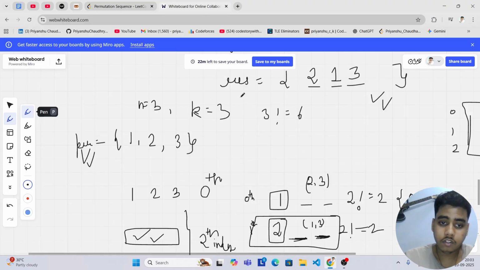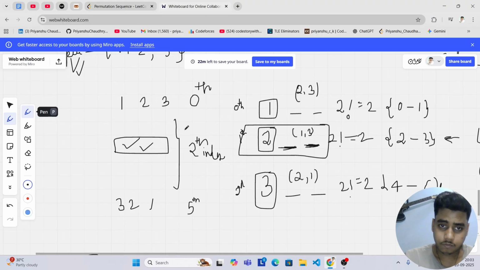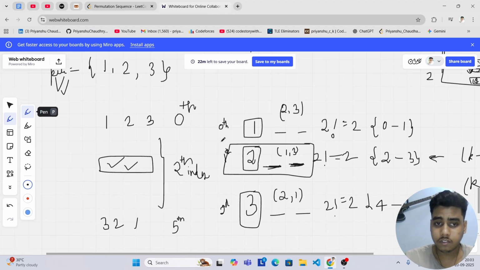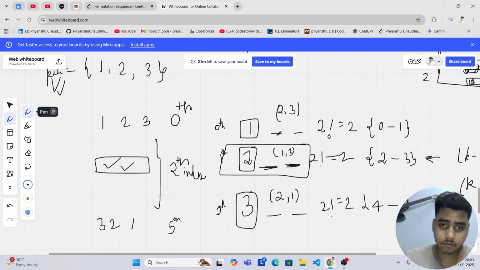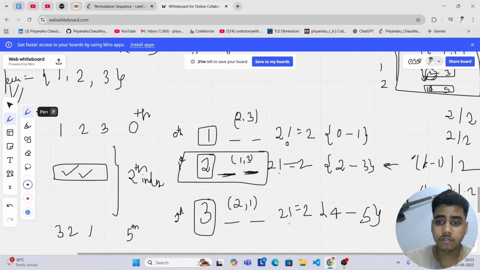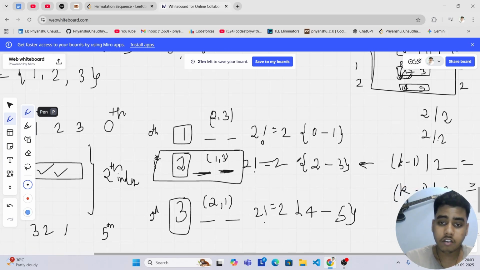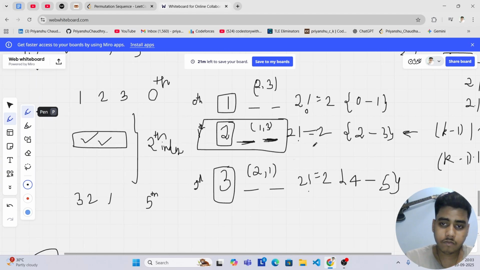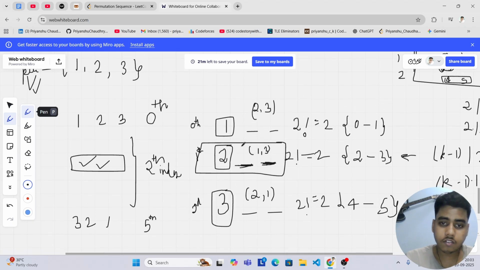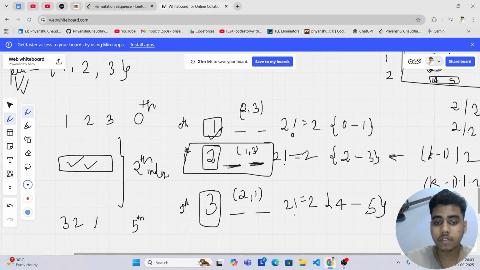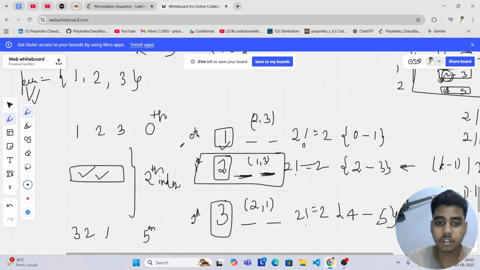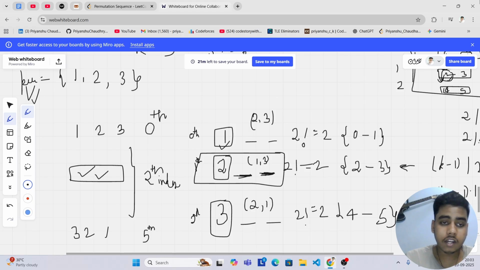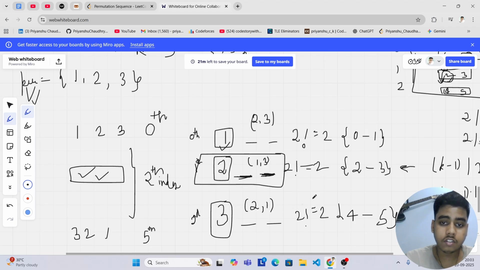Now what I was doing, I was checking where the element is lying. When I was filling, I was taking the first element, then the second element as our first digit, then the third element as our first digit.